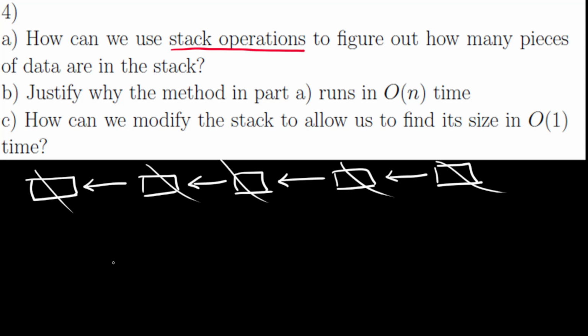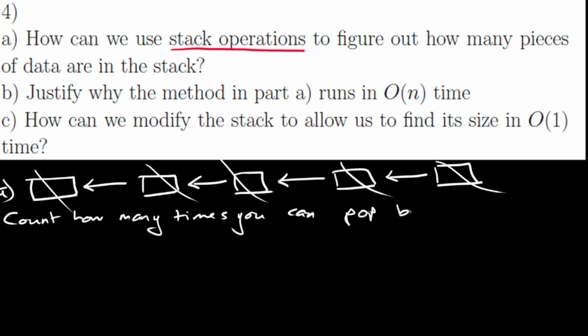And so if you just count how many times you can pop until you hit an empty stack, that'll tell you how many pieces of data are in the stack, right? If the stack has 27 pieces of data, I'm only going to be able to pop 27 times before the stack gets empty. So you can use this to figure out how many pieces of data are in the stack. For part A, the method is going to be: count how many times you can pop before the stack is empty.